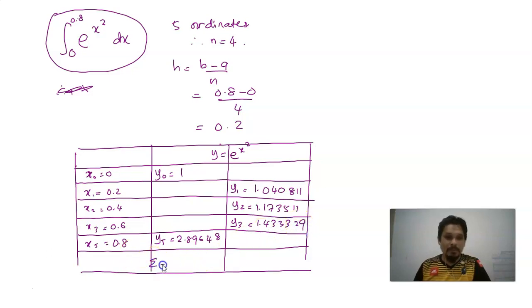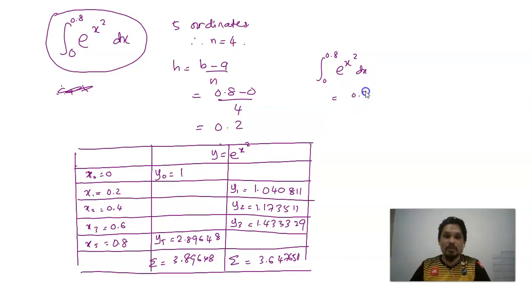So the summation of y0 until y5 equal to 3.89648, and the summation on this part here now is 3.64765.